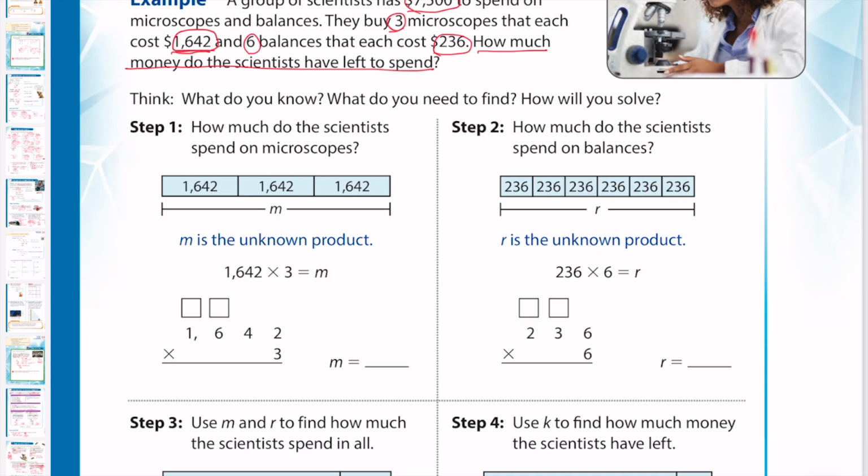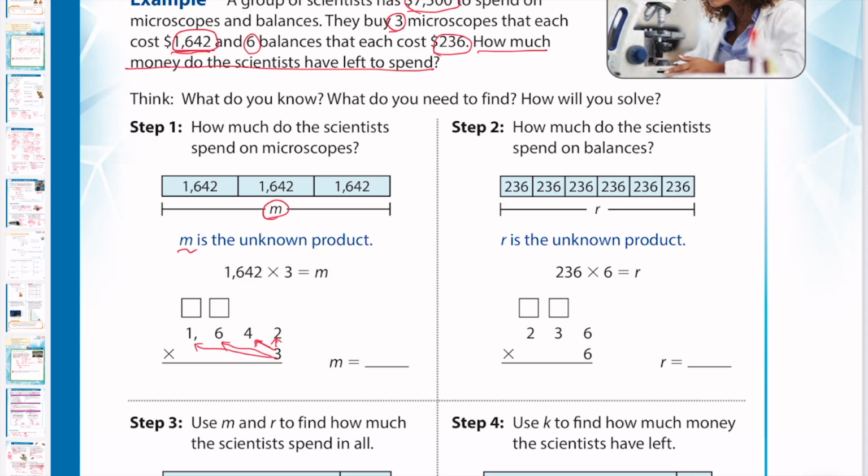All right, step one, how much do the scientists spend on microscope? All right, they buy what? 3 microscopes of 1,642. Now let's go ahead. And they name this unknown number, the product, as M. Okay? M is the unknown number, okay, unknown product so far, but we are going to find out. Okay, so 3 times 2, we are going to go 1 step, and tens place, hundreds place, and then thousands place, remember?